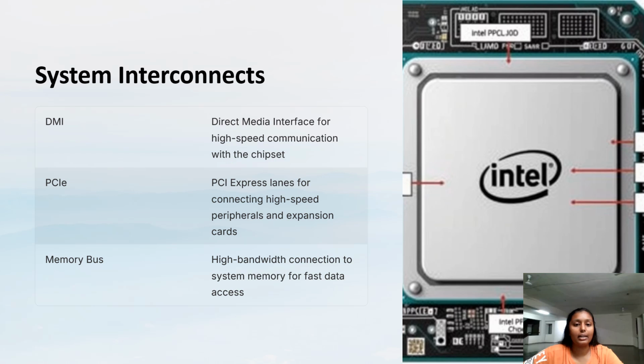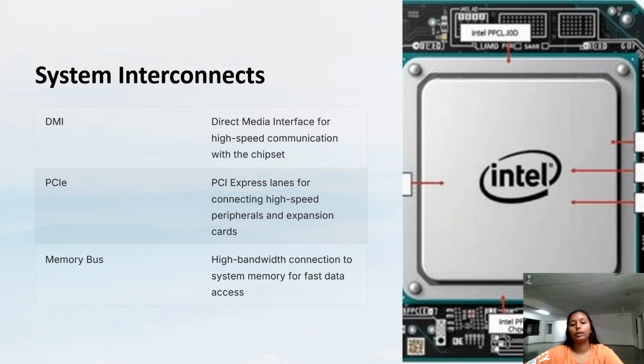DMI is a high speed interface for communication with the chipset, and different generations of Intel use different versions of DMI with improvements in bandwidth. For example, Intel DMI 3.0 offers a bandwidth of up to 8 GT per second, while DMI 4.0 offers even higher bandwidth for data transfer.